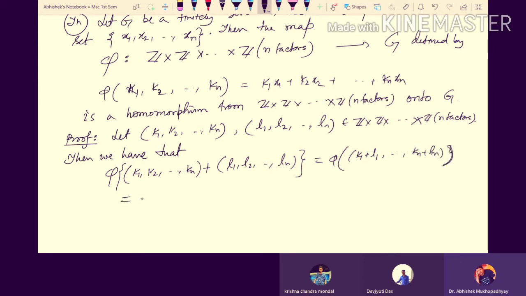This gives (k1 + L1)x1, ..., (kn + Ln)xn.